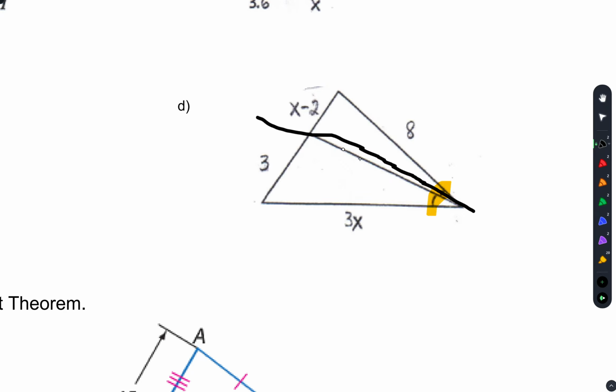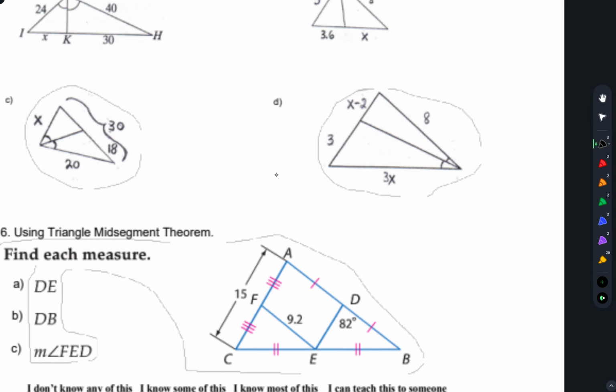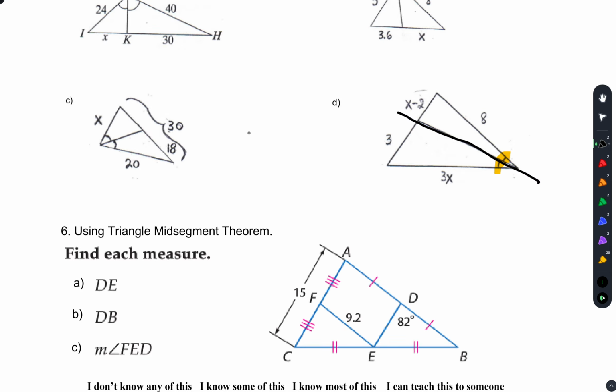So let's split it there. Why does this look so terrible? There we go. And then let's set up that proportion. This looks like x minus 2 over 3 equals 8 over 3x.